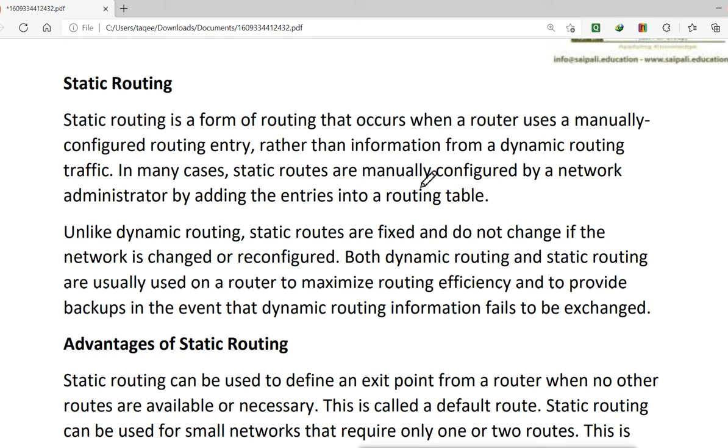Remember, very simple, we create the routing table manually. That means whatever networks are available, we will configure all those networks one by one manually, and that is called static routing.